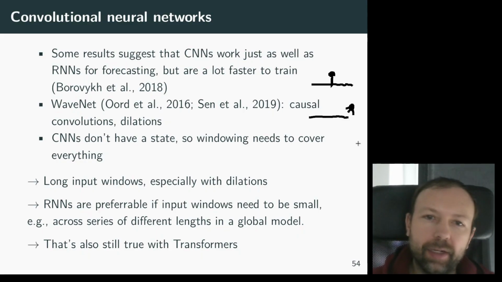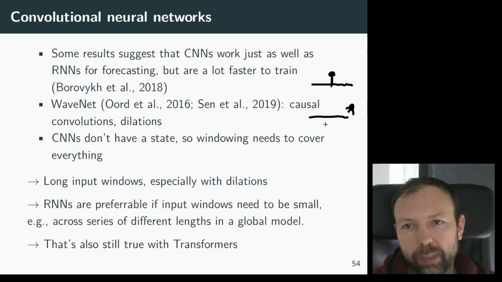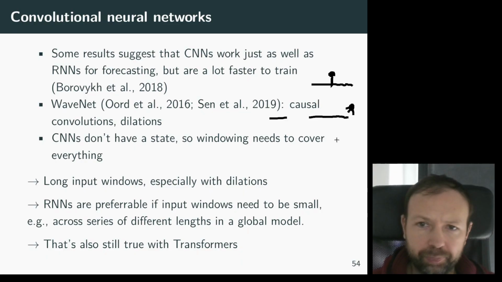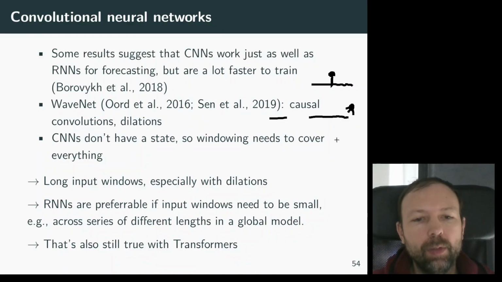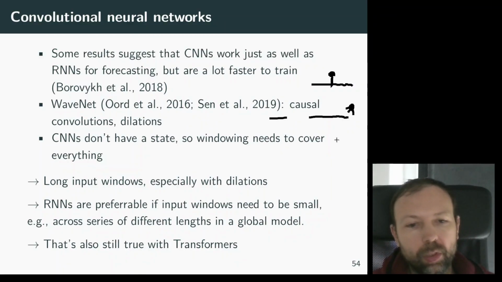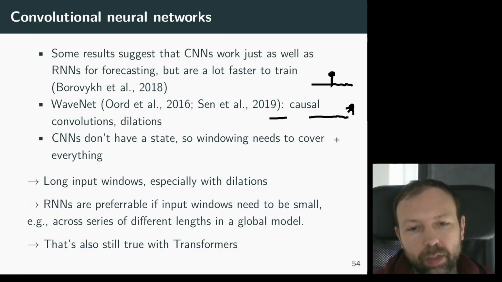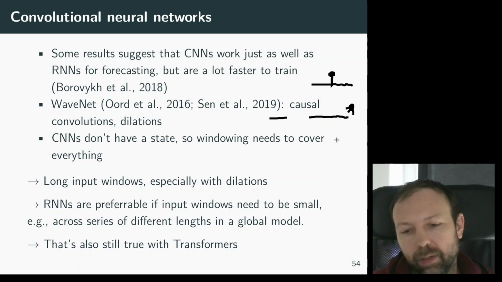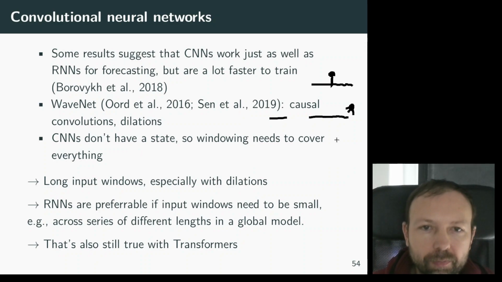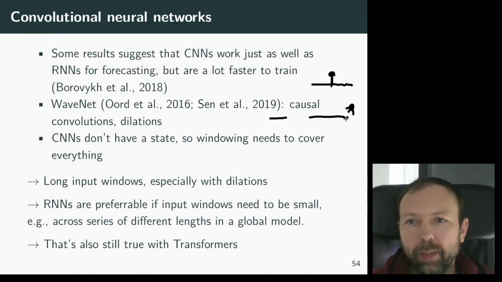And dilations now just means that you leave holes in your window, right? So again, that's a way to model seasonality. For example, maybe it's important to look 12 data points back on a monthly series, but there's really not much of a point of looking 8 values back. So you look back maybe 1, 2, 3, 4 values, and then 11, 12, 13.